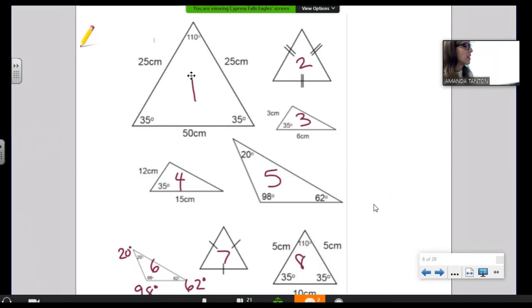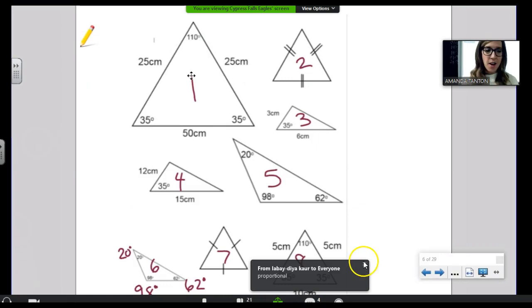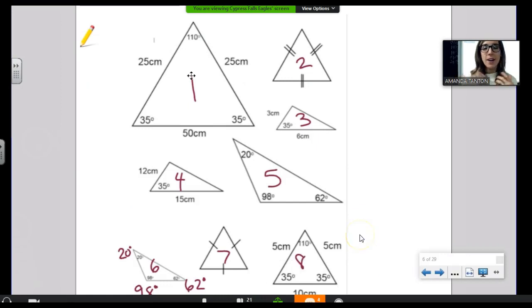So remember, from similar polygons, we had to check that all the angles were, what? Congruent, and all the sides were proportional. Now, what we're going to learn today is you don't have to check all 12 of those things. But if we look at 1 and 8, are all the angles the same? 35, 35, 35, 35, 110, 110.